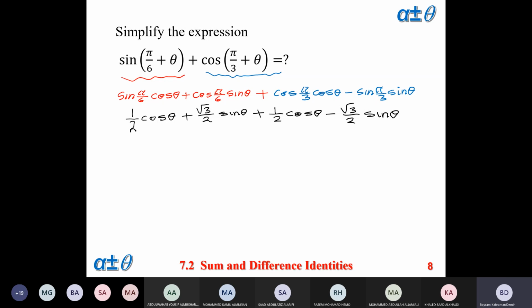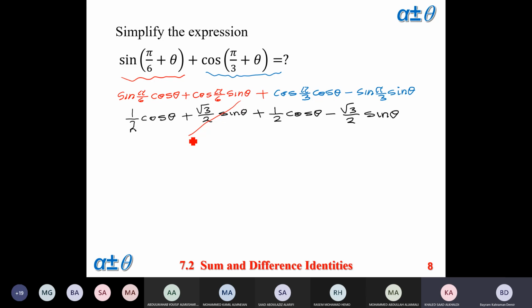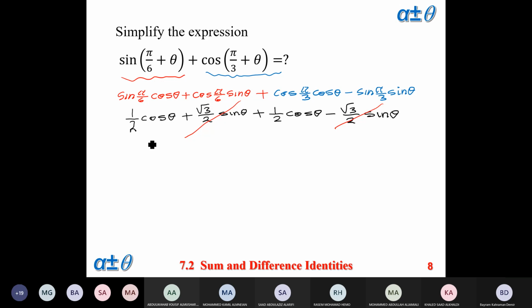Looks like some things will be cancelled, right? The root of 3 over 2 sine theta, yes, we'll cancel plus minus here, right, Shabab? So we have half cosine plus half cosine, right? Half cosine here, half cosine here.